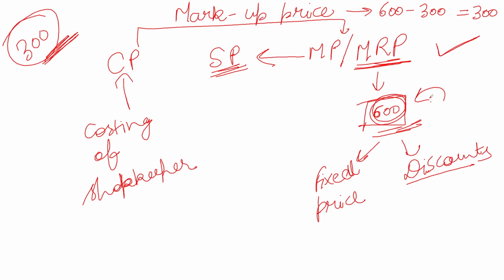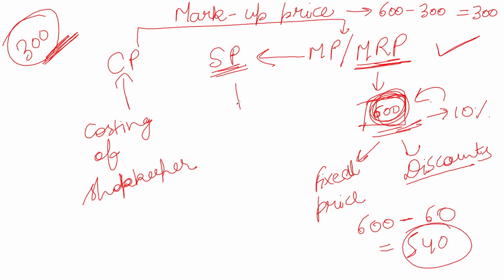And then there are certain times when the discount is already given by the shopkeeper. Suppose the shopkeeper says that if you purchase this teddy bear, I'll give you a discount of 10%. So it is not 600 that you are paying. You are going to pay 600 minus 10% of 600, that is 60. So you are going to pay 540 for this teddy bear, and that becomes the selling price.